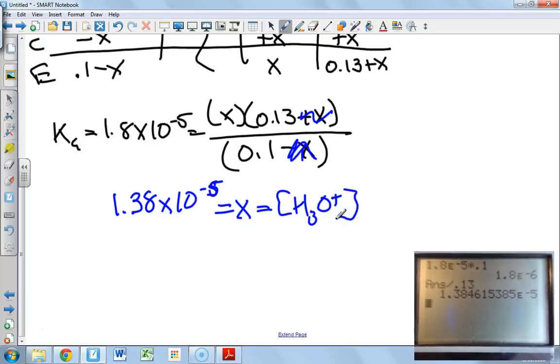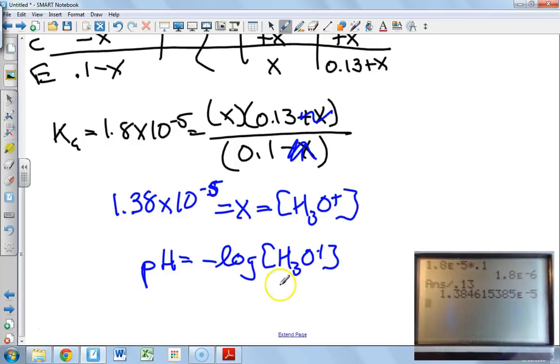Well, now we just have to do the pH. pH equals the negative log of the concentration of H3O plus, and when we do the negative log in our calculator, we get a pH equal to 4.86.